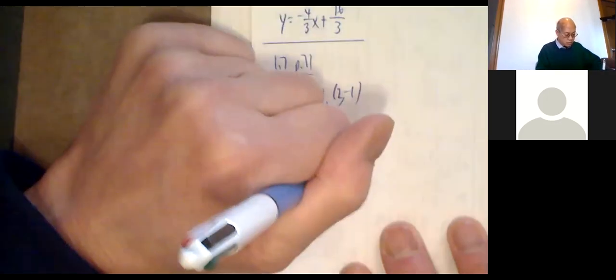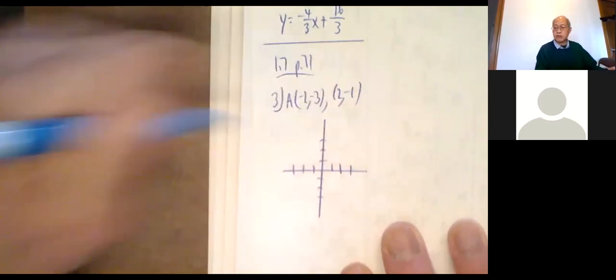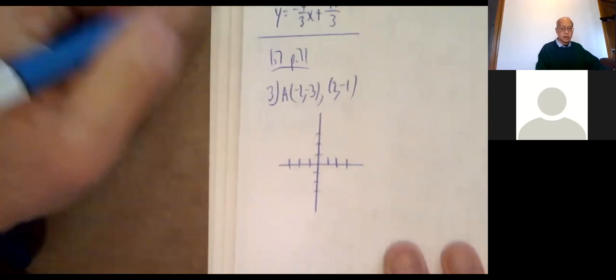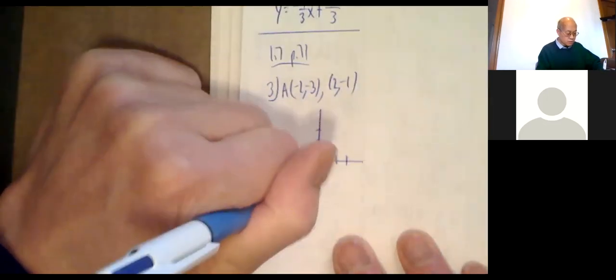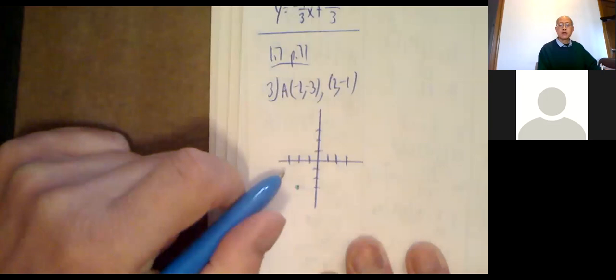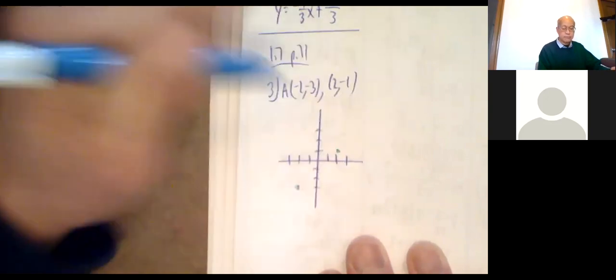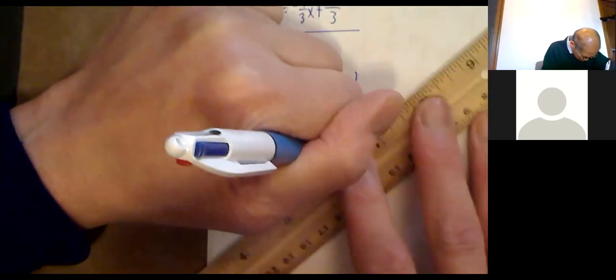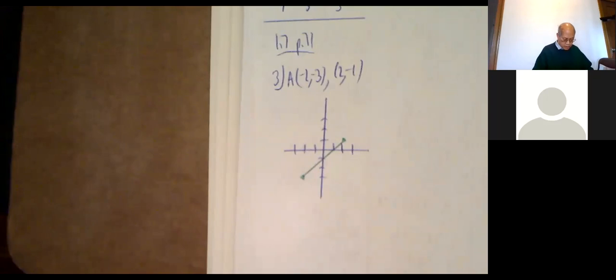Okay, negative 2, negative 3. That's over here, right? 2, negative 1. Okay, so this might be a little bit tricky.